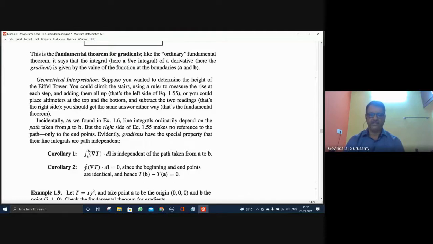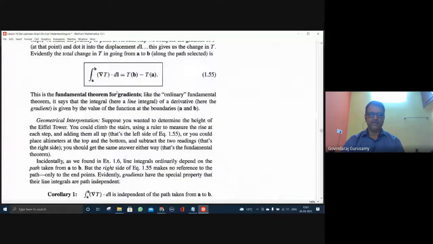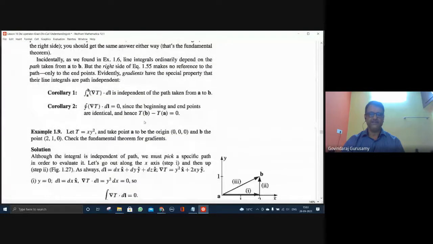So gradients have the special property that their line integrals are path independent. That is the most important point. You can reach B from A any way you like, any path. That's the meaning of that.